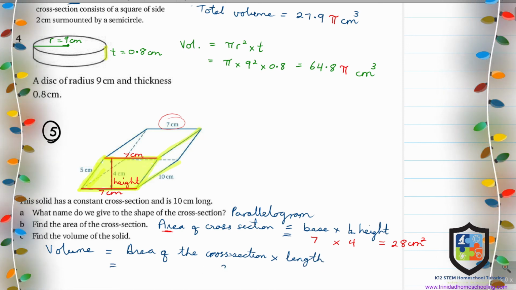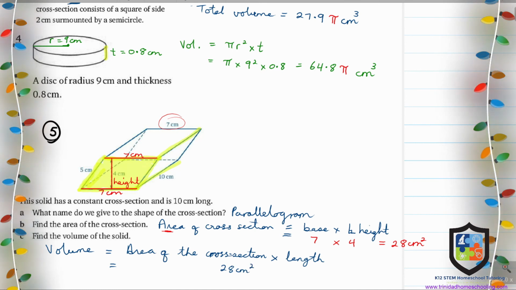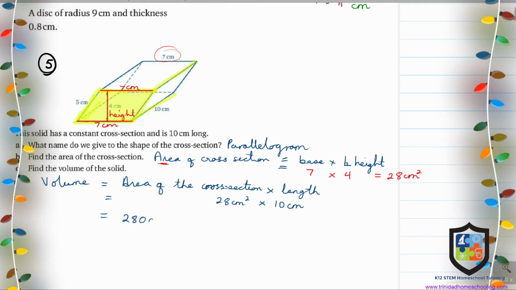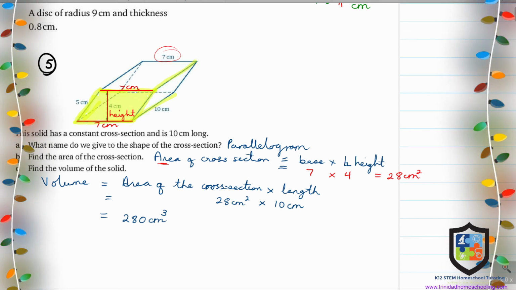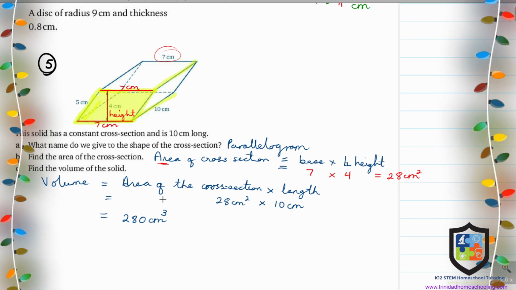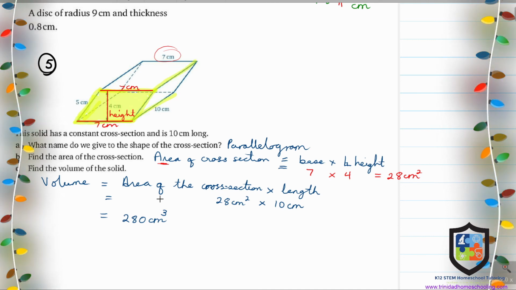So that is the 28 centimeters squared multiplied by the length, which is 10 centimeters. So my volume is 280 centimeters cubed. So we need to remember that the volume of prisms is just simply the area of the cross section multiplied by the length or the height of the solid.